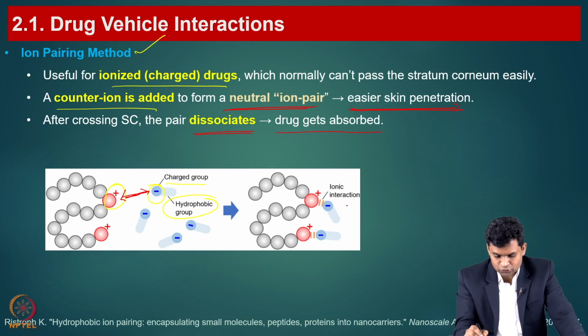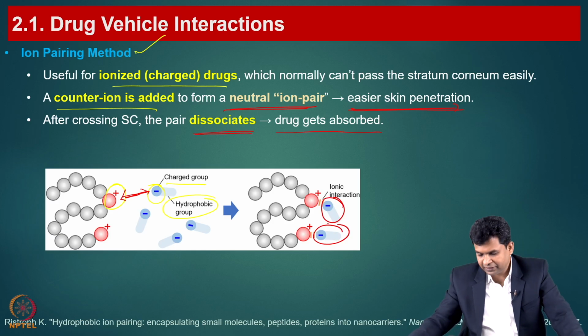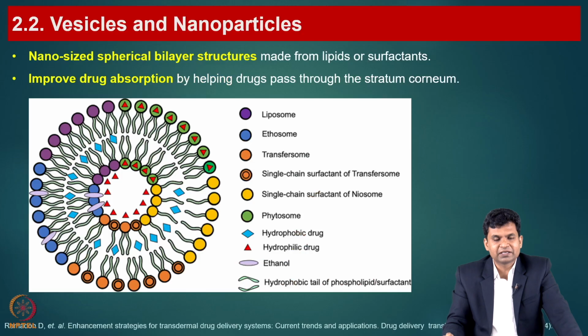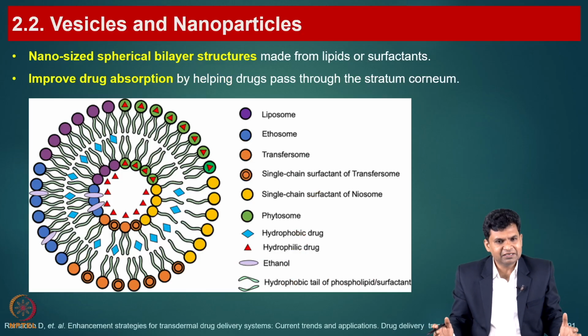Now, you can see these hydrophobic molecules will interact with the lipid membrane, which helps permeation. The vesicles and nanoparticles we have discussed in great detail, so various types of systems can be used.